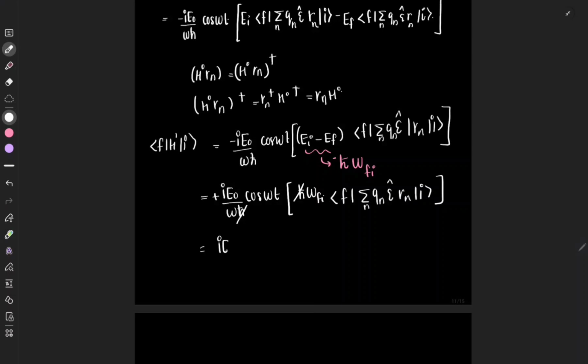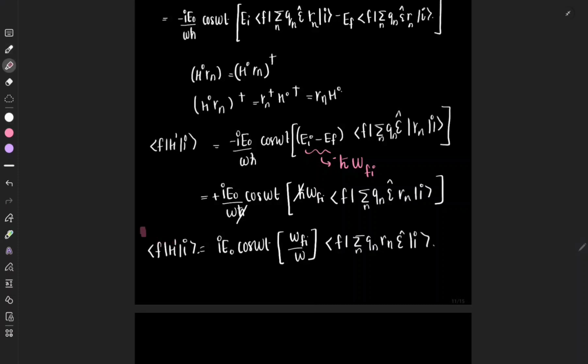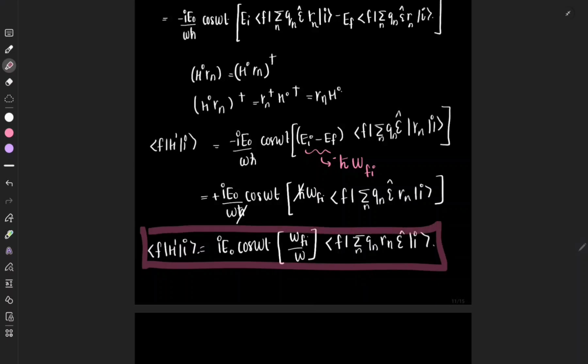We can write it in a more eloquent way like this. We can take this omega inside, it will become this, and then write the rest of the terms like this. Okay, so this is the equation. This is the final equation. We'll stop at this stage and continue in the next lecture.